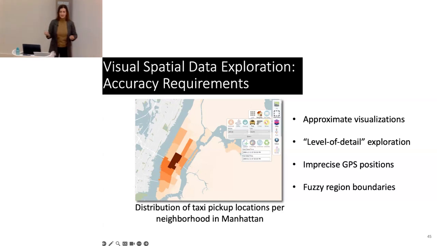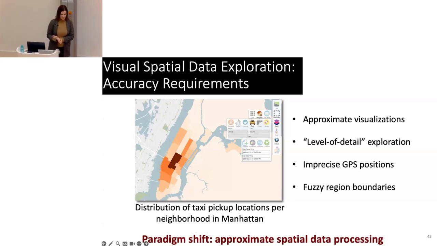If you look at the region boundary between two neighborhoods in Manhattan, this is typically a street, but the street is not just a one-dimensional line. It has a width, and if we are talking about a big avenue, it can be a relatively big width. So if a point really falls at the boundary, it might be okay whether you count it in one neighborhood or in the other, right? It's not really an error in practice.